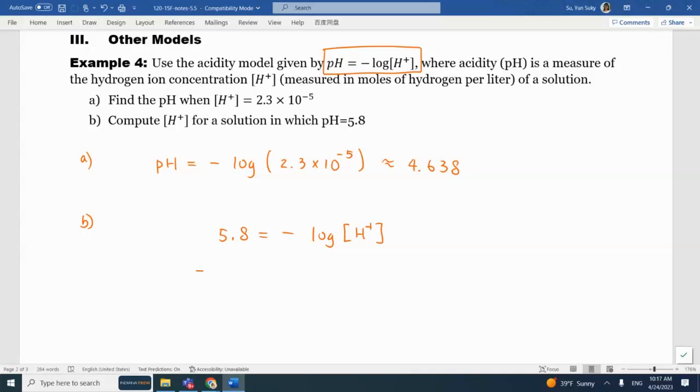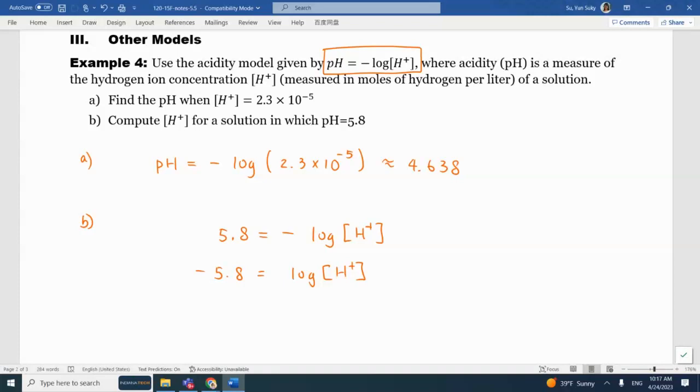So we need to multiply both sides by -1 to isolate the log expression. Is that clear, everybody? Or if you have an exponential expression, you must isolate the exponential term before you apply log on both sides. Isolate means you only want to see that term by itself.